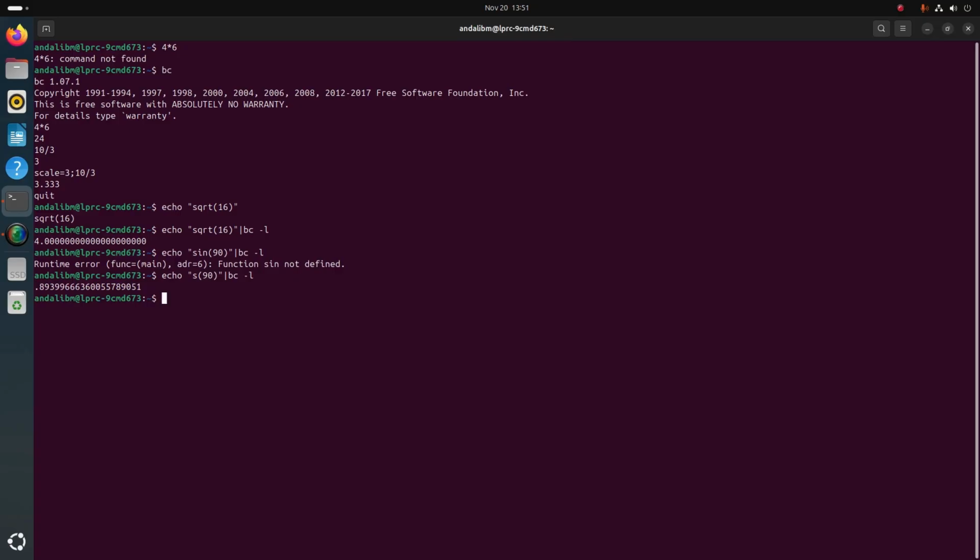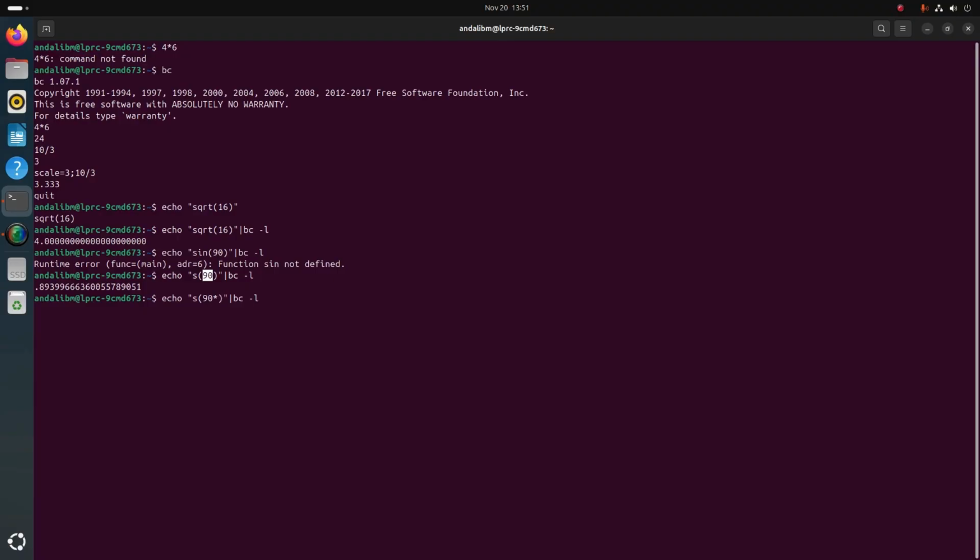And you might say, okay, that doesn't look like 1 to me. Yes, because this sine function expected to be in what? In radians, not in degrees. So if you want it to be in degrees, you need to convert it to degrees. So you have to multiply this 90 by what?